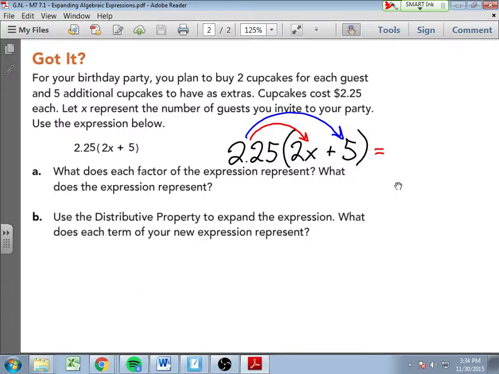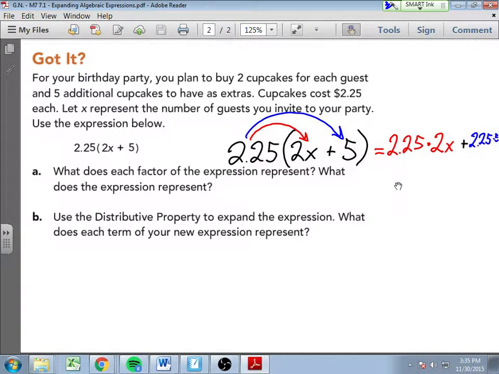What's the first distribution tell me to do? What's that multiplication? The red arrow tells me to multiply my 2.25 times 2x. I have addition between them. My blue arrow is 2.25 times 5.